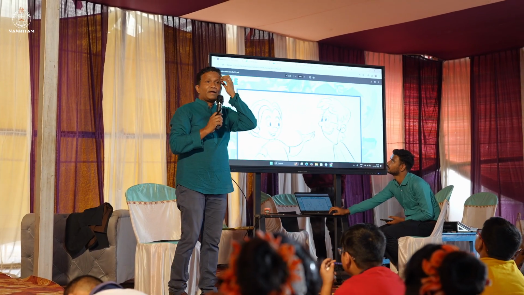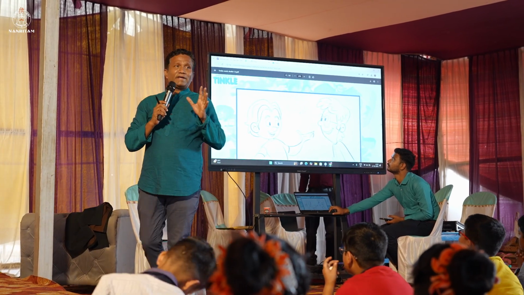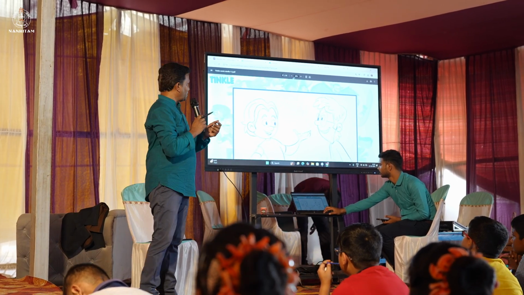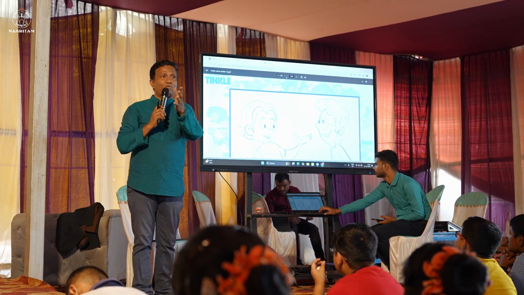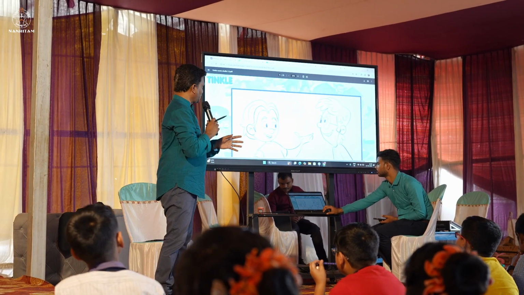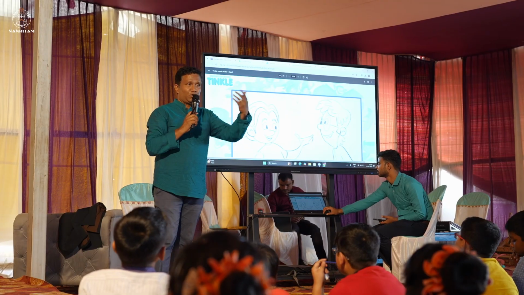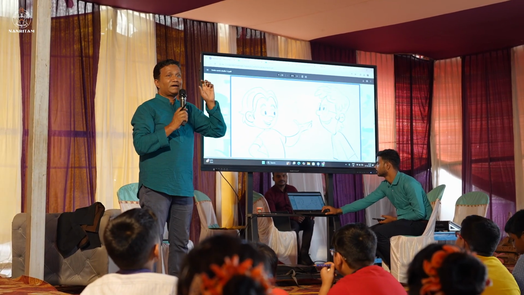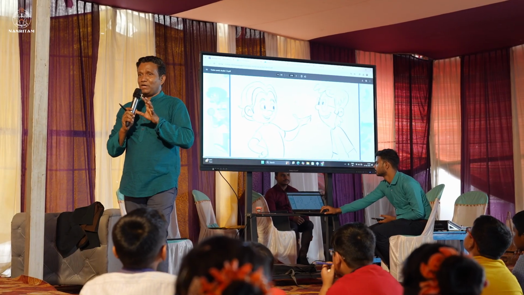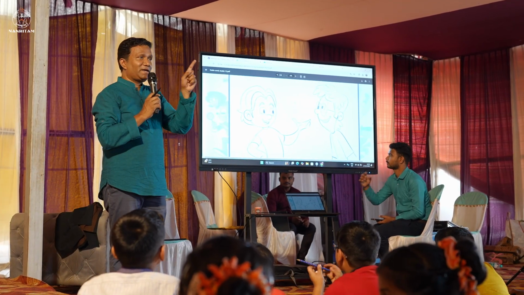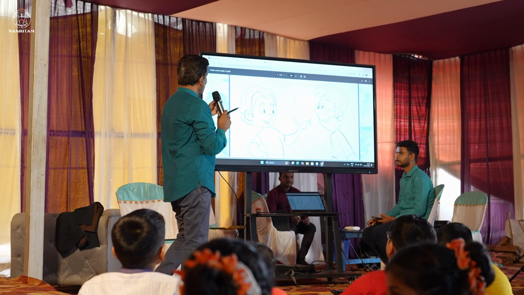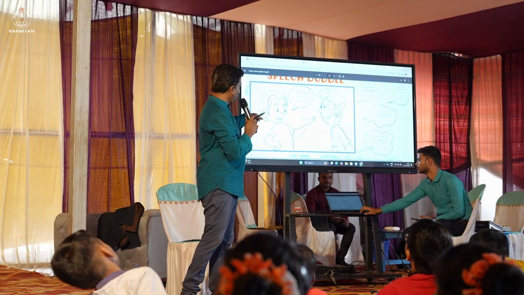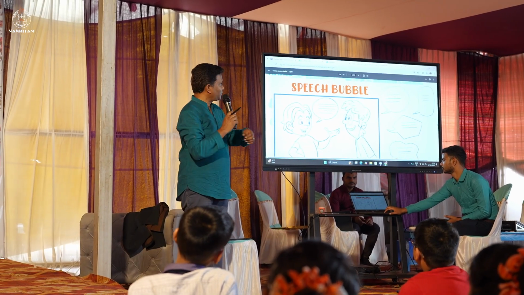Now in a story, you have different characters. One of the characters you know is Shambhu. The other character can be anyone whom you want to put in your story. Now when there is a conversation, when two people are talking in a story, what will come up next is a speech bubble. Now what is a speech bubble? A speech bubble is something which tells you who is speaking. Now in this case, the first character is speaking.